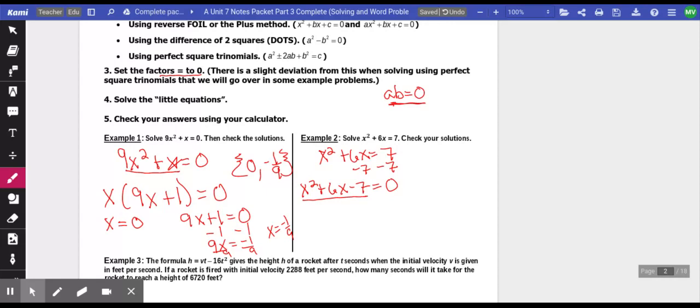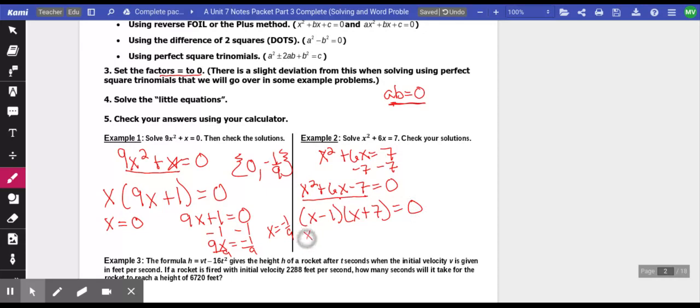I'm looking for numbers that multiply to be -7 and add to be 6. So that would be x minus 1 and x plus 7. So x squared plus 6x minus 7 factored is (x - 1)(x + 7).